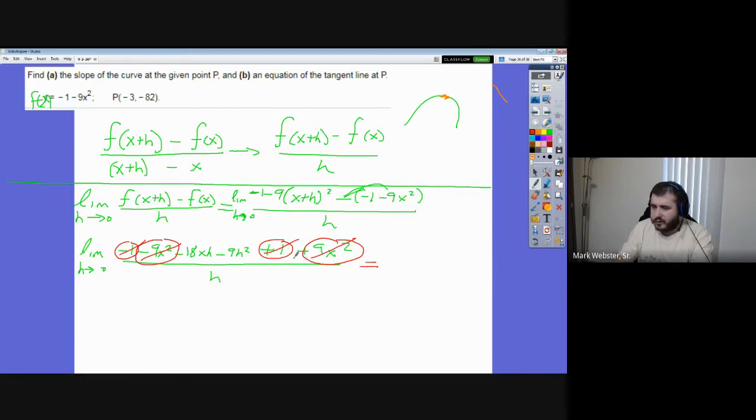Look at what we're left with. -18xh minus 9h squared over h, the limit as h goes to 0 of this thing. And now look, there's an h in each of these, right? There's an h up here, an h up here, and an h down here. I can divide everything out by h.